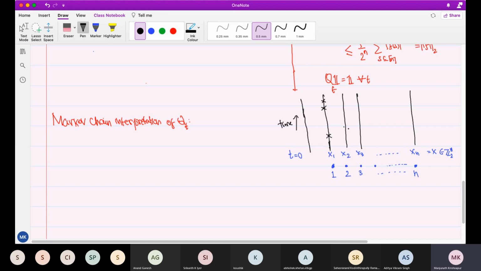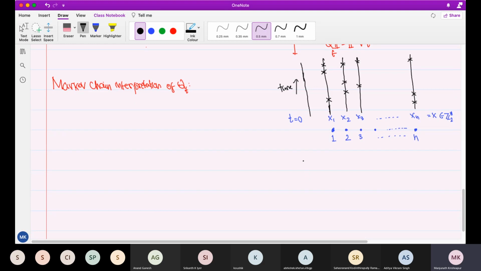These are random. I will explain in what way they are random. Above each k in 1 up to n, we have what is called a Poisson process.